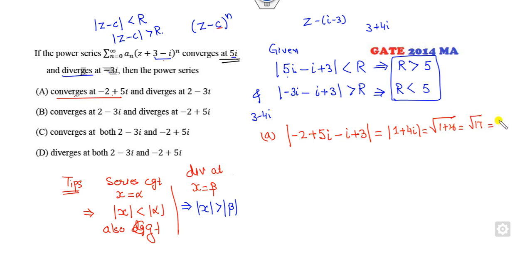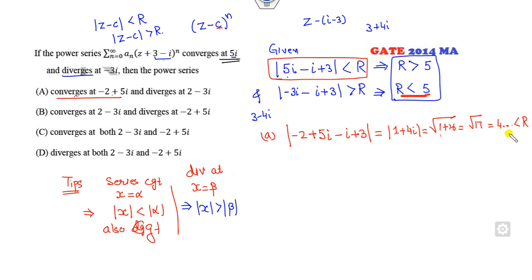Root 17 is near about 4 point something, which is less than R. What can you say about that? This is R, yes, this is my radius of convergence. How can you say it is less than R?